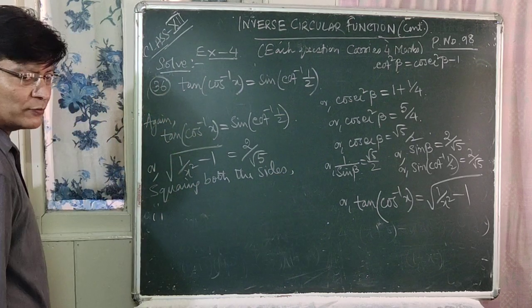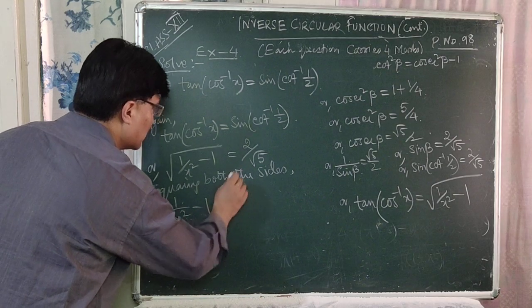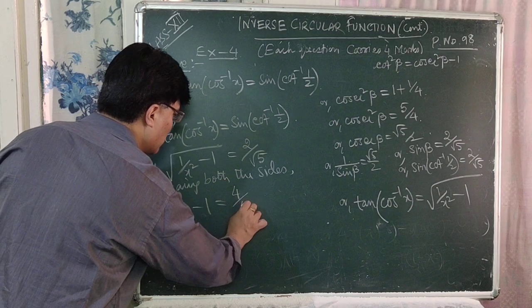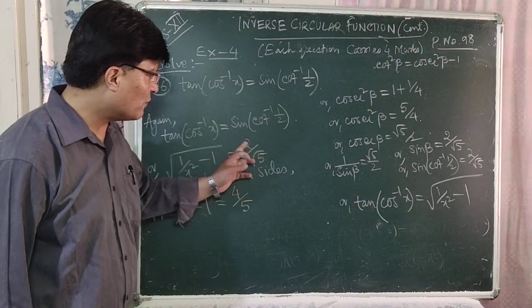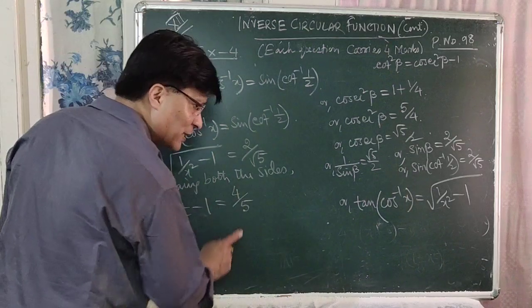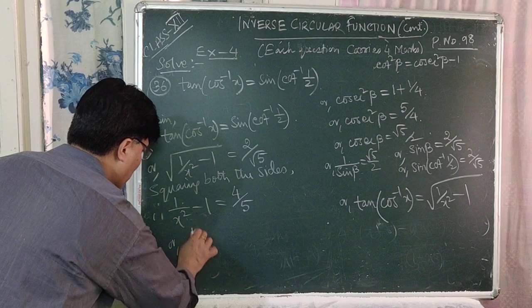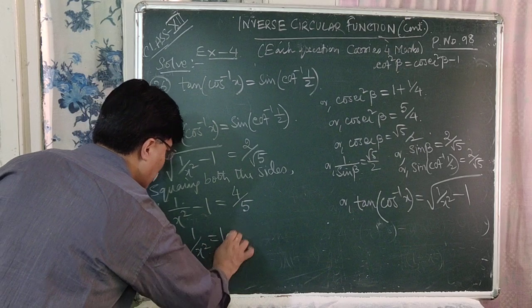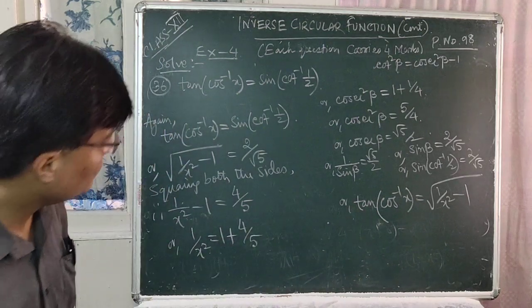Square root will be removed from the left hand side. 1 upon x square minus 1 is equal to, this is 2 whole square is 4 divided by root over 5 whole square is 5. That is 2 by root over 5 whole square is 4 upon 5. Is that clear? Now next you have to get the value for x, take the minus 1 to the right hand side, or 1 upon x square is equal to 1 plus 4 upon 5. Clear?